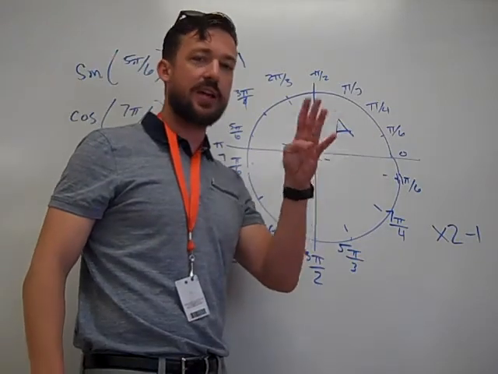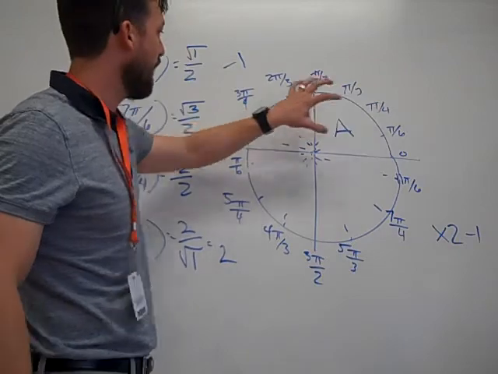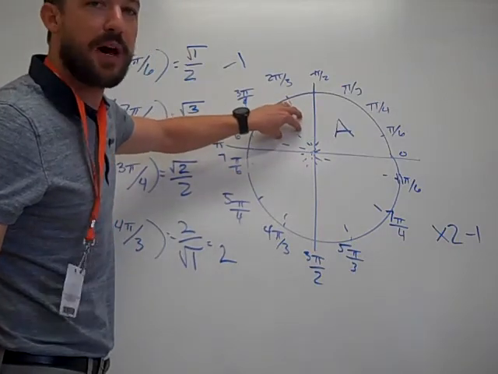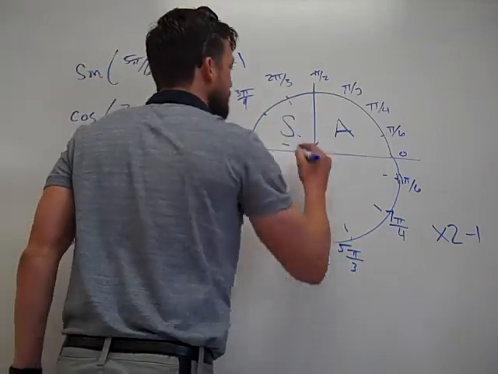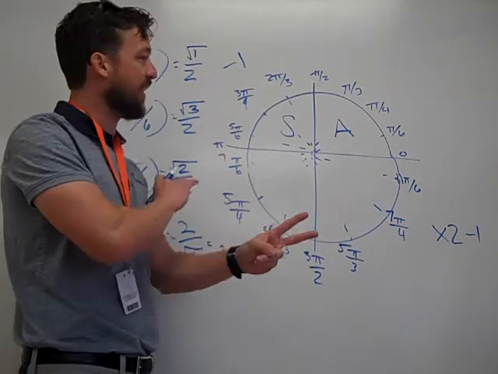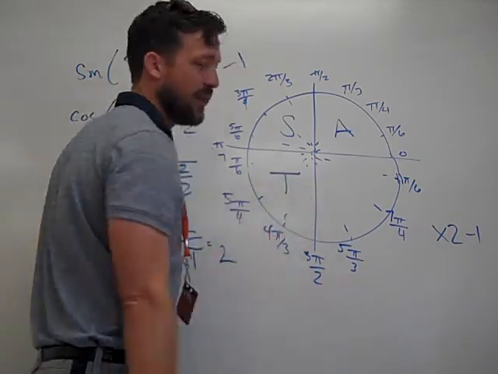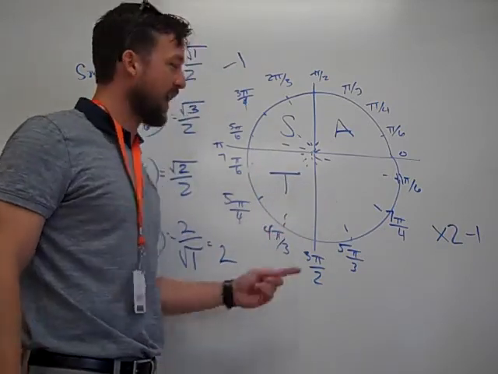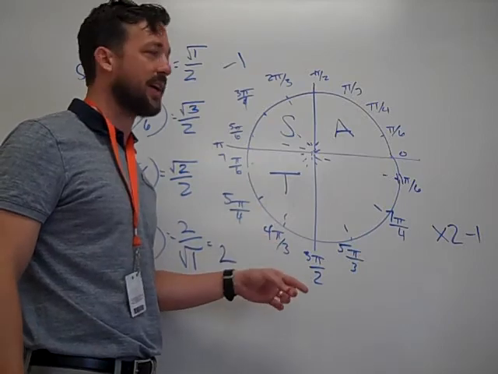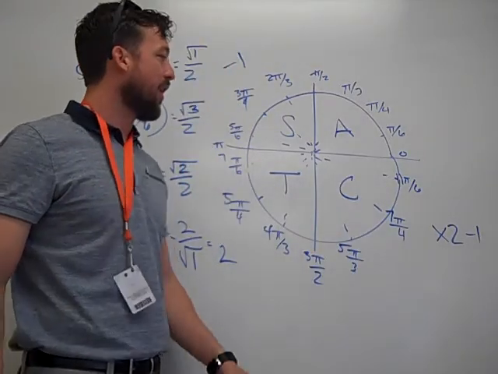Sine, cosine, tangent, cotangent, secant, cosecant, all of them are positive here. Okay? Here, the only thing that's positive is sine, things related to sine. Sine and cosecant. Everything else is negative. Here, tangent is the only thing that's positive. Tangent and cotangent, everything else is negative.